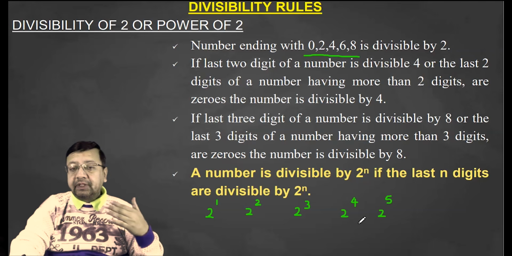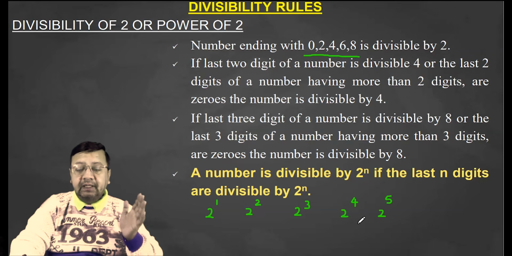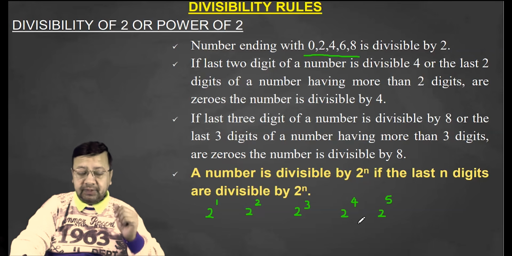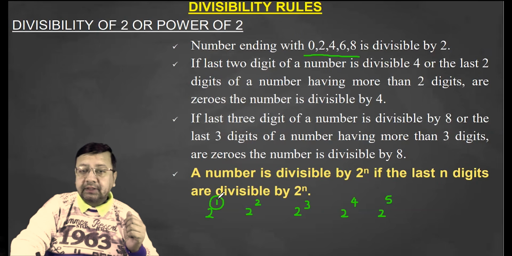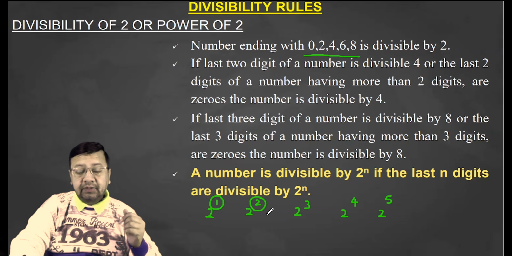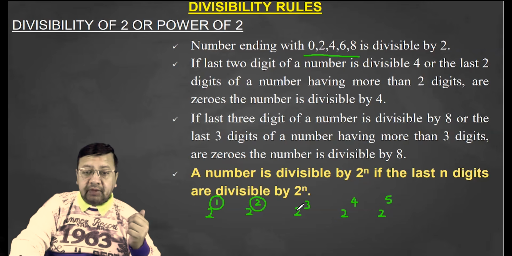Whatever the power of 2 is in the number, that many last digits should be divisible. So for 2, what is it? The last one digit. For 4, the last two digits, because in 4, what is the power of 2? 2, right? For 8, what is the power? 3.